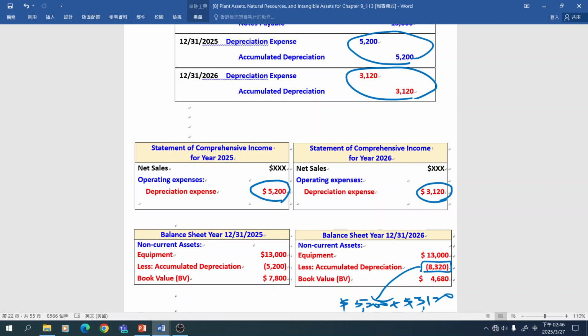At the same time, you will think, after 4 years, how much will it be worth if I sell it? So I bought it for 1,000. I expect that after 4 years, maybe I sell it to someone for maybe 100. So my expected residual value is 100. So all the numbers, useful life and residual value, are my estimate, my expectation right now.